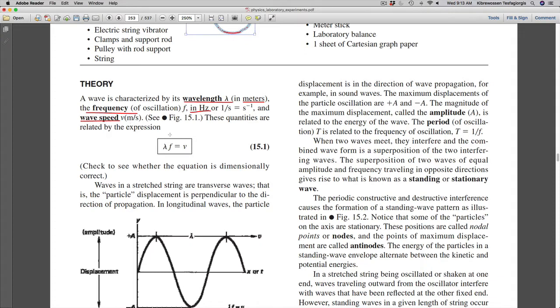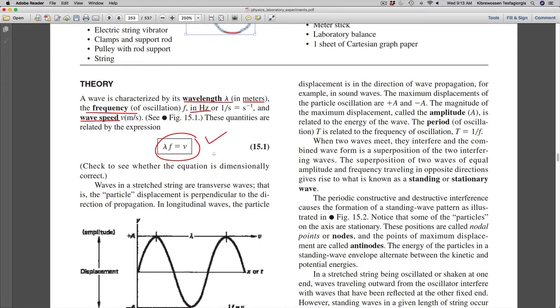In terms of an equation, this is how you can write the formula to find the speed of a wave. The speed of a wave can be found using lambda times frequency. But in today's experiment, we are going to use a string. Let's take this formula first.